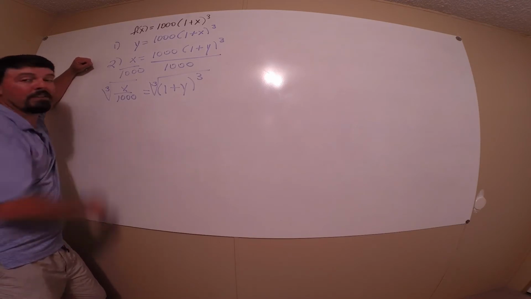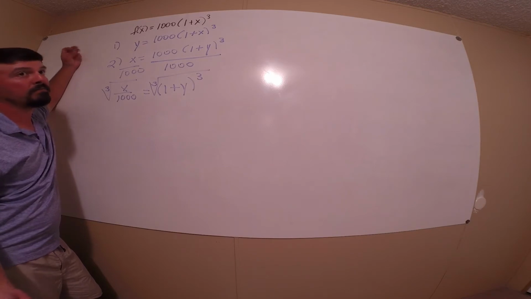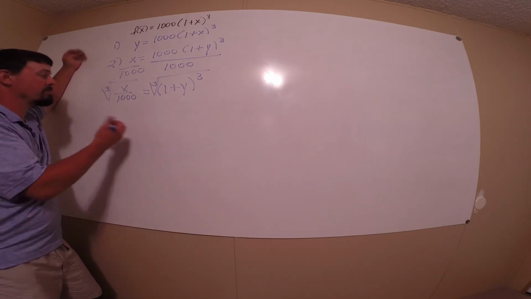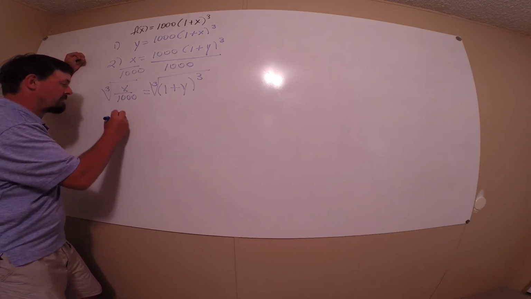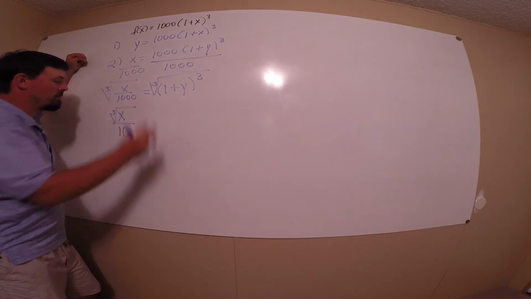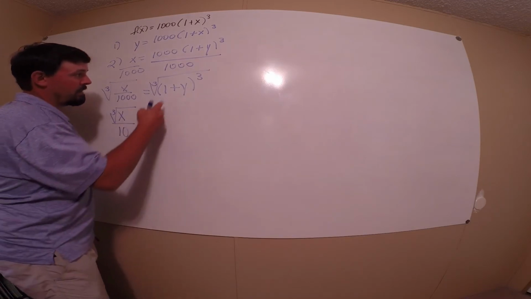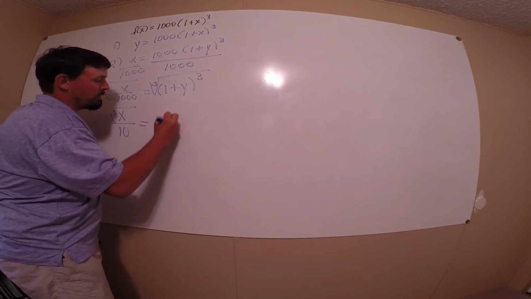Cube root of 1,000, think about it. 10 times 10 is 100, times 10 is 1,000. So 3 tens give you 1,000. So what I get is cube root of X over 10. That's the simplified version. That's going to give me 1 plus Y.